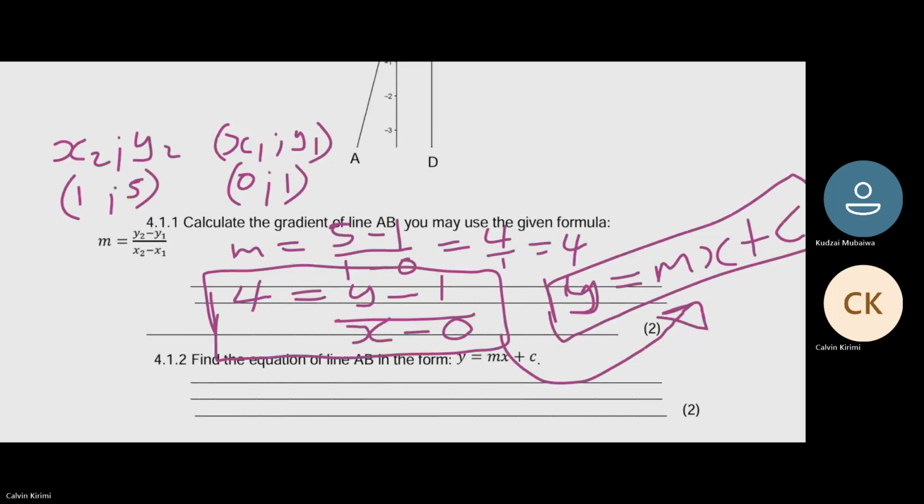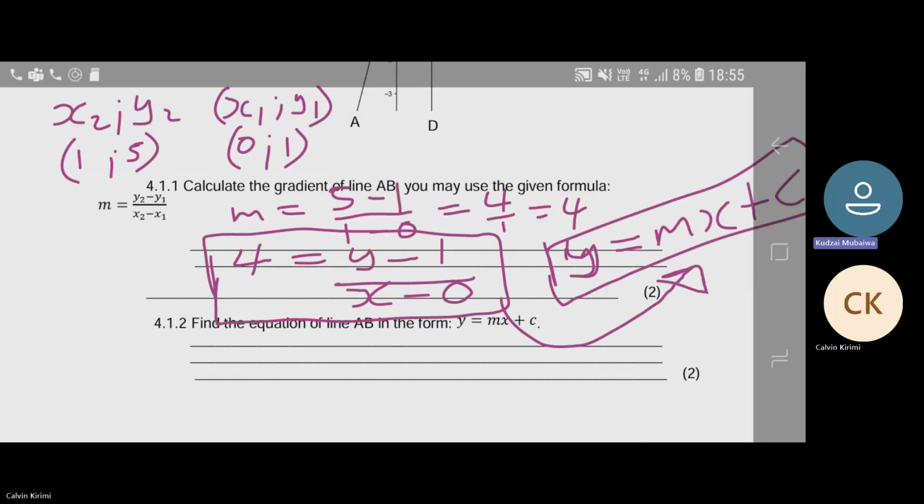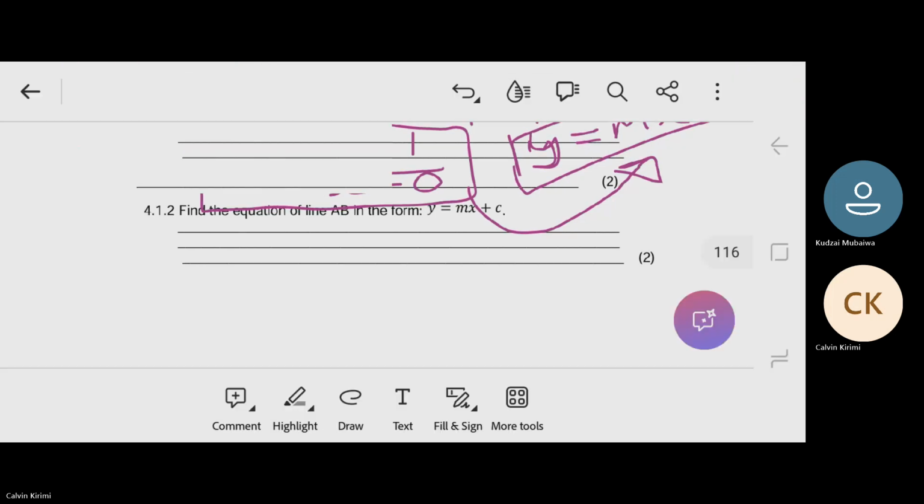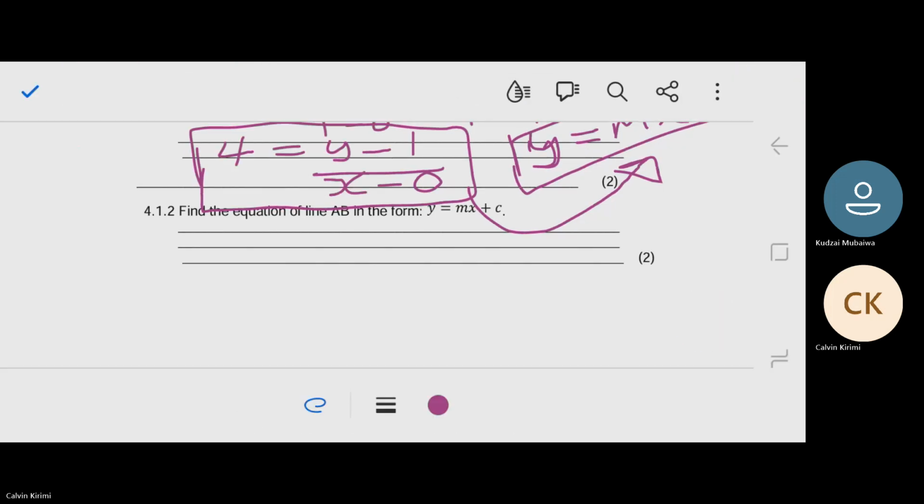That's what we want to do now. We are saying 4 is equals to y minus 1 over x minus 0. What is x minus 0? X. So from here, you can't make y subject of the formula yet.